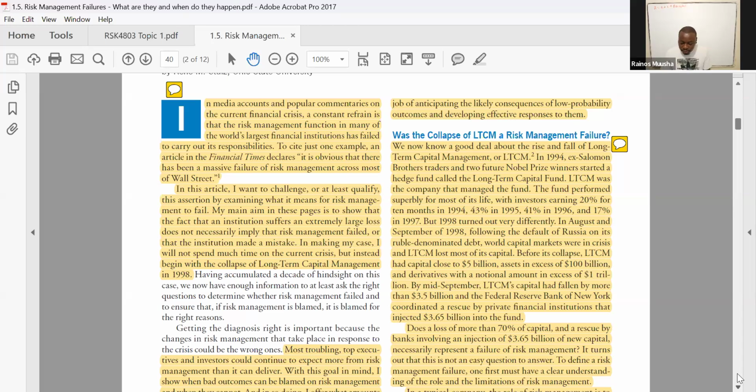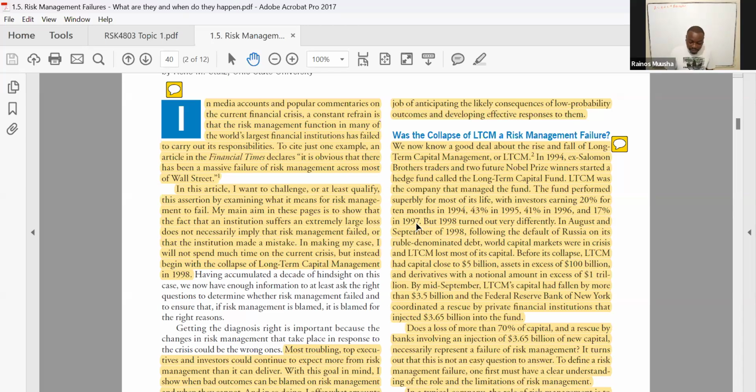The fund performed superbly for most of its life, with investors earning 20% for 10 months in 1994, 43% in 1995, 41% in 1996, and 17% in 1997. If you look at these returns, it's very difficult for any fund to actually generate these returns. So it means that the fund was performing very, very well.